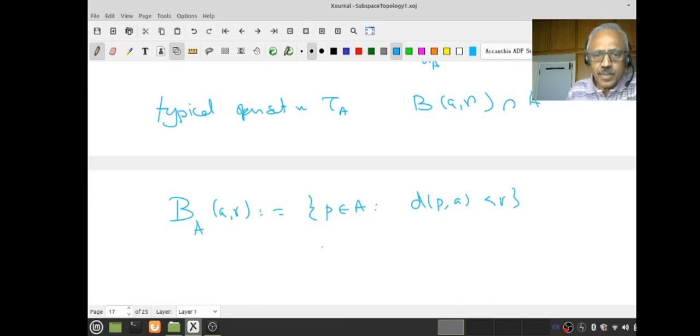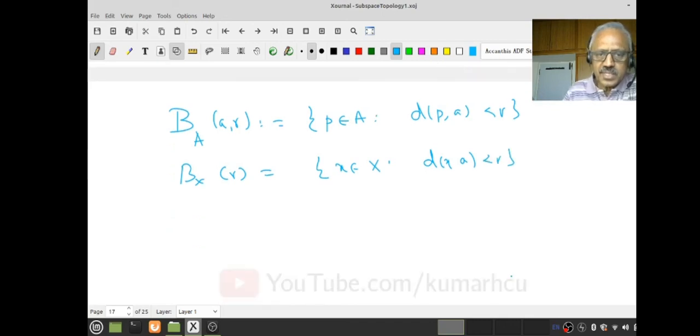This is the open ball in A with respect to the metric d_A. Do you understand this? But what is B_X(a,r)? This is the set of all x in X such that the distance between x and a is less than r. Now what is the relation between B_A(a,r) and B_X(a,r)? B_X(a,r) intersection A is nothing other than B_A(a,r). Why?